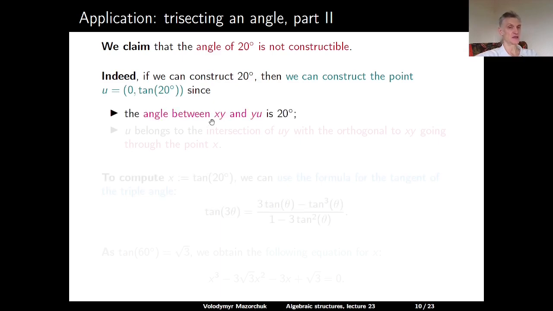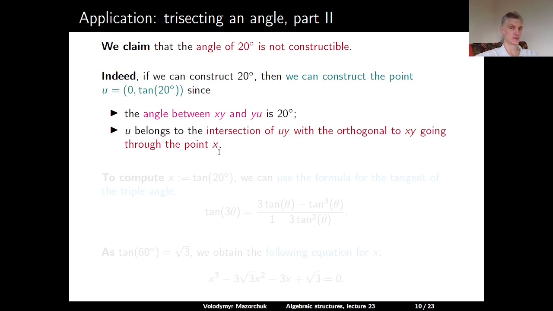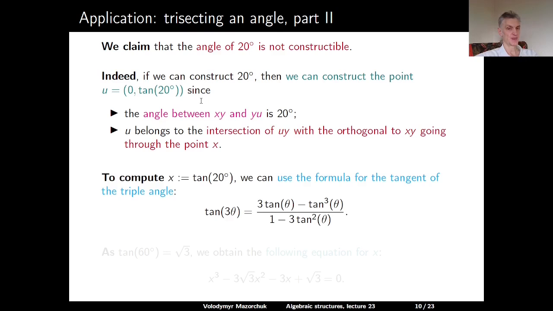That's because the angle between xy and yu is 20 degrees under the circumstances, and u belongs to the intersection of uy with the orthogonal to xy going through the point x. So if we construct an angle of 20 degrees, we should be able to construct the number tangent of 20 degrees.